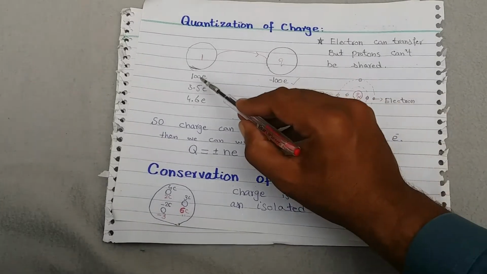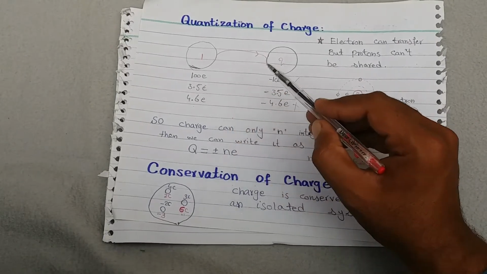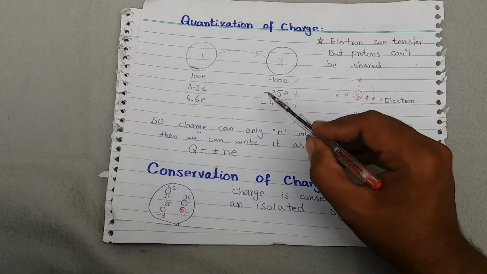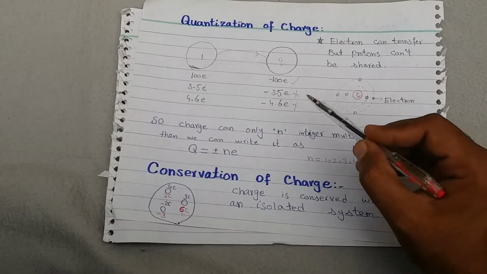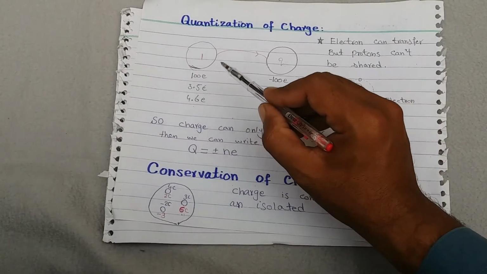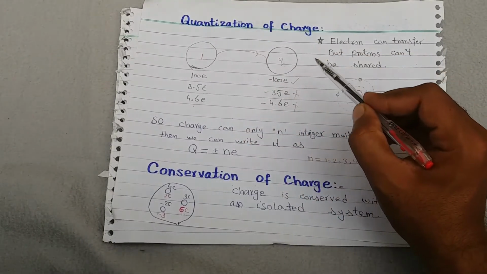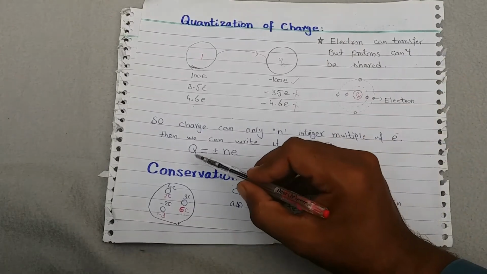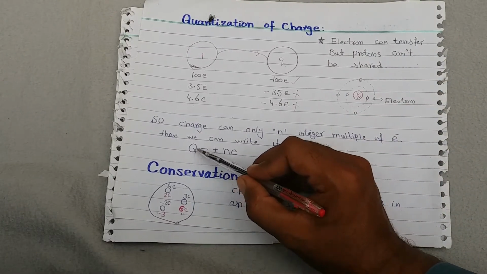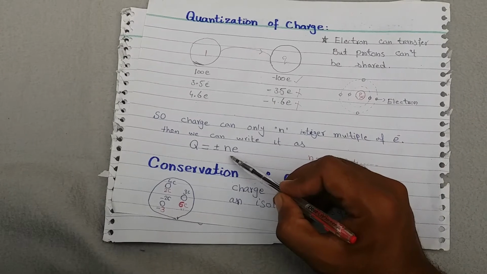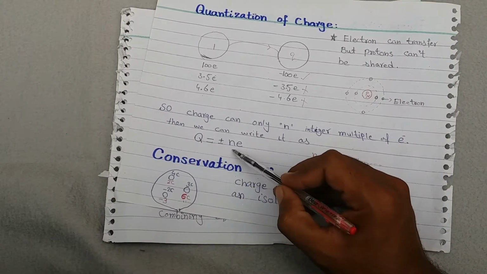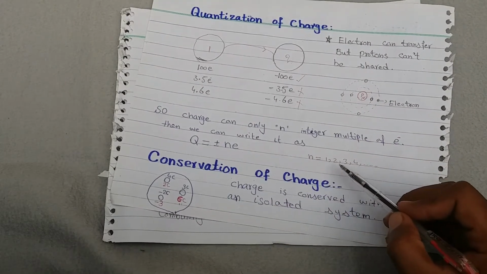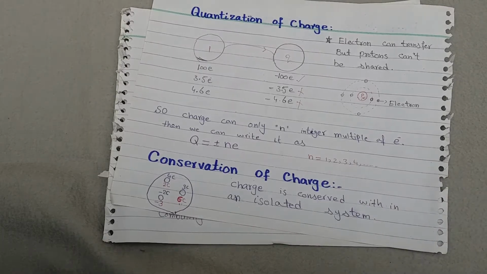It means 100 electrons, 200 electrons, 500, 1000 electrons, and so on. Electrons can be shared from one atom to another only in integer form. So I conclude that Q is equal to plus or minus n e, where n is an integer, equal to 1, 2, 3 and so on.